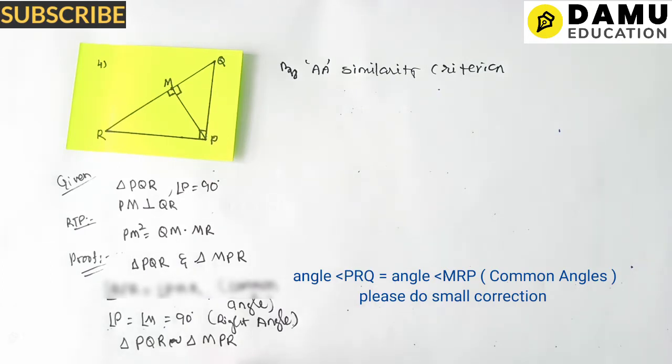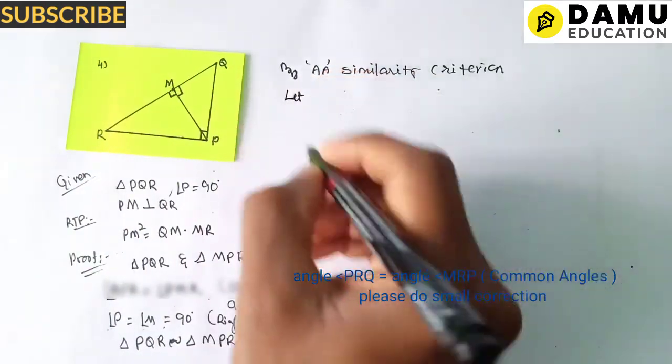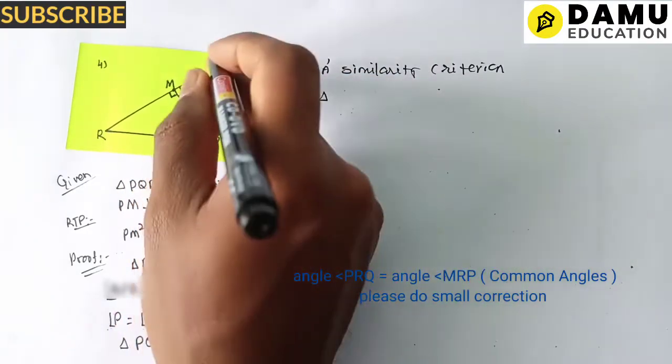Then what you can write? Similarly, you can take this other triangle. Let's consider triangle PQR.